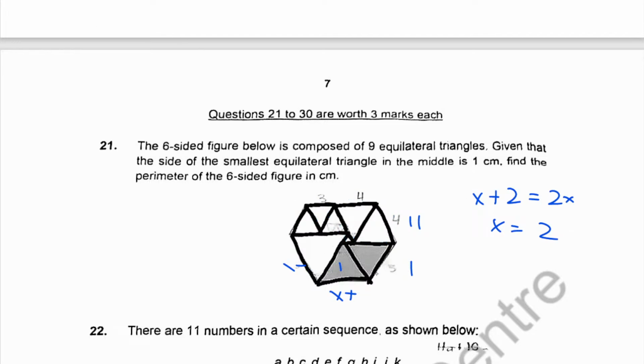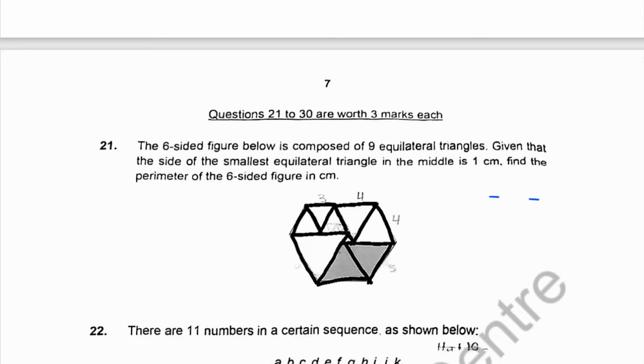Just to make sure this is right, because the figure may not be to scale. 1, 2, 2, 2, and the whole thing is 4. This is 3, 3. No, it's not. Okay, let me restart.